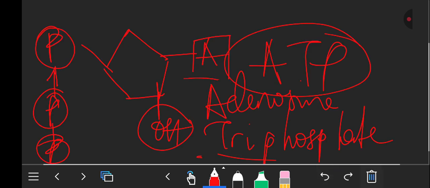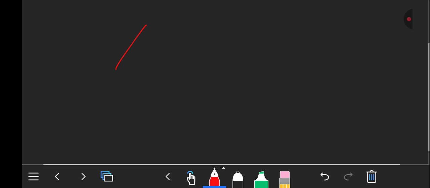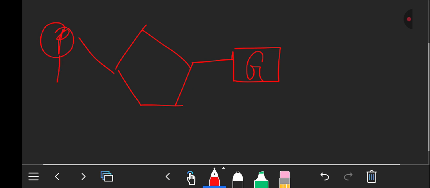Okay, now let's look at another structure. Let's say instead of having the adenine group, you decide to have a different nitrogenous base. Instead of having adenine there, let's say you have guanine. Then of course there is a phosphate, a phosphate, a phosphate. What will be the name?